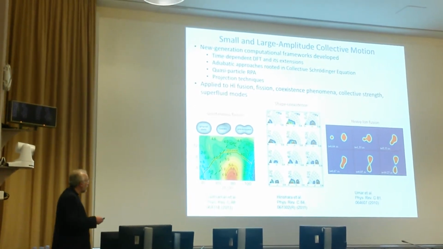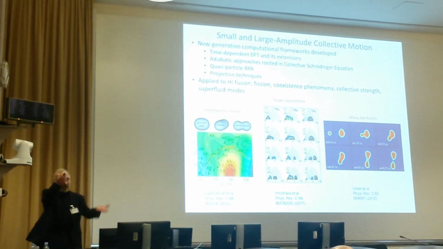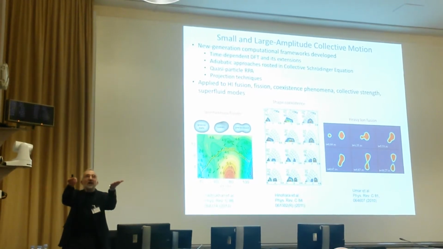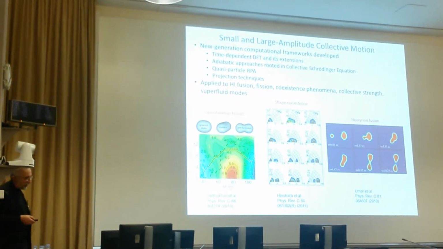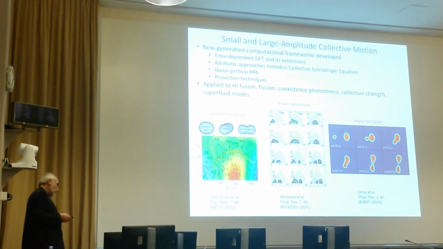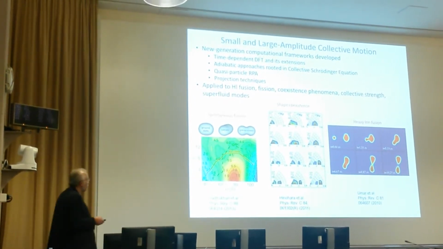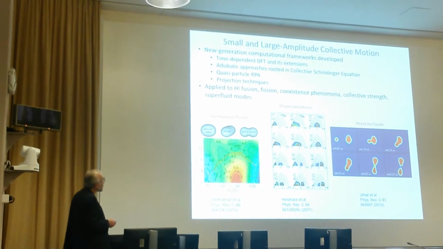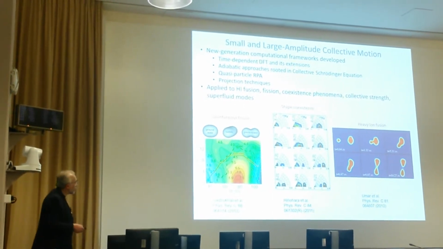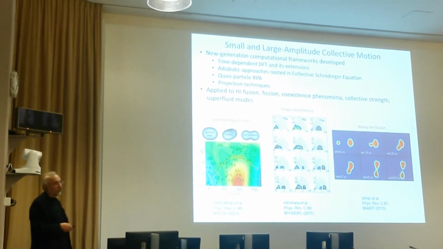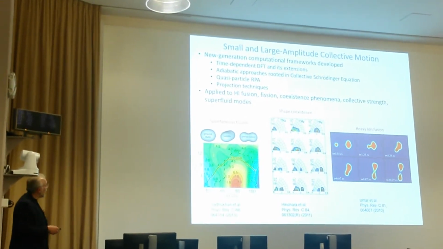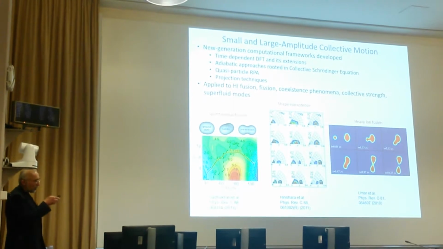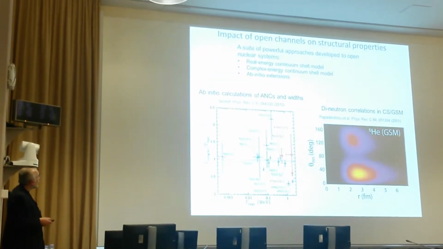So we now are able to describe the interaction between coexisting states microscopically using the modern models of large amplitude collective motion, and we can also predict cross-section for heavy ion fusion also at sub-barrier energies. And if you would like to see more, go to those papers. Okay?